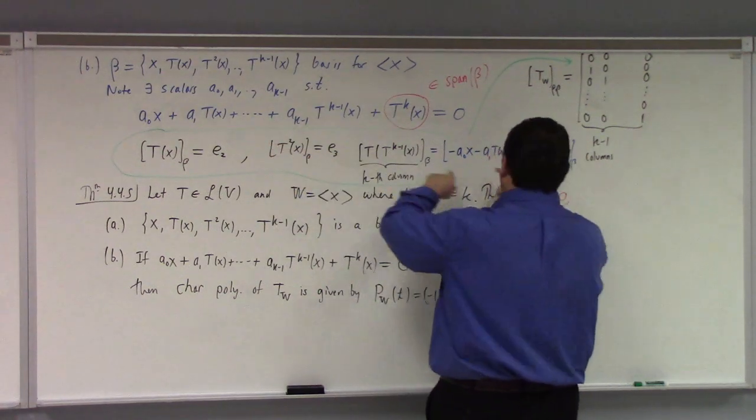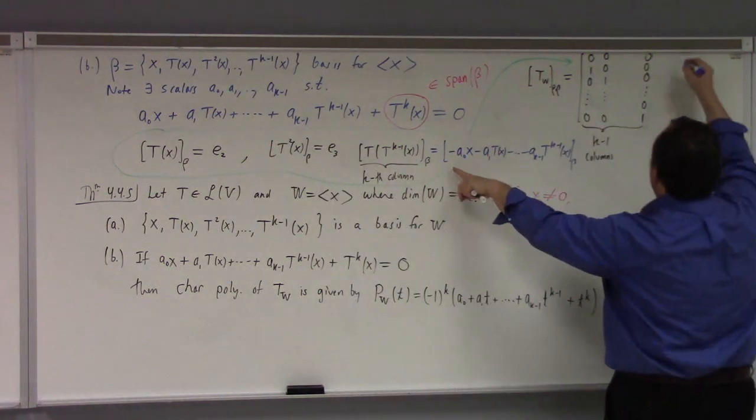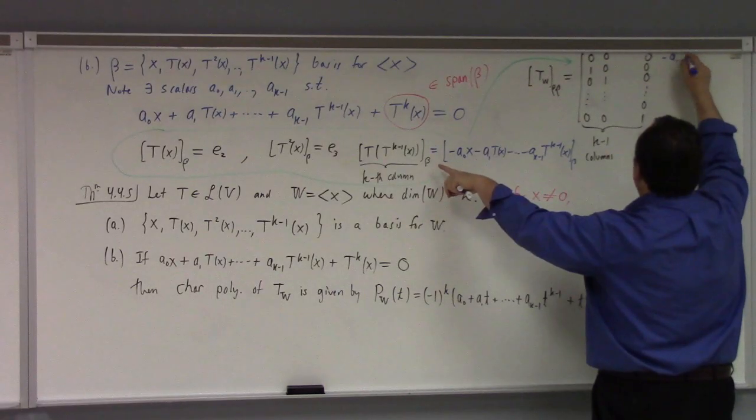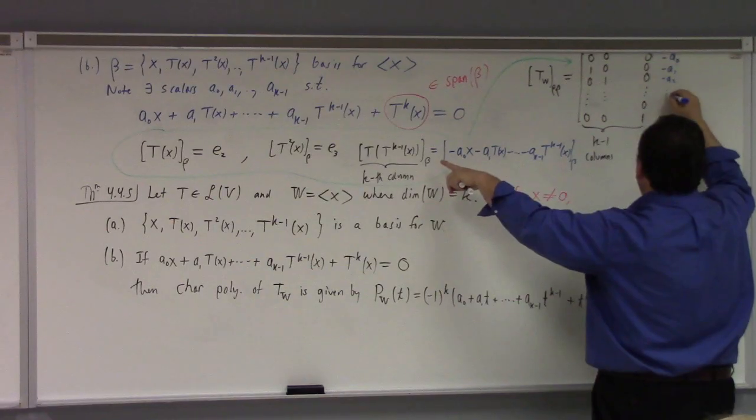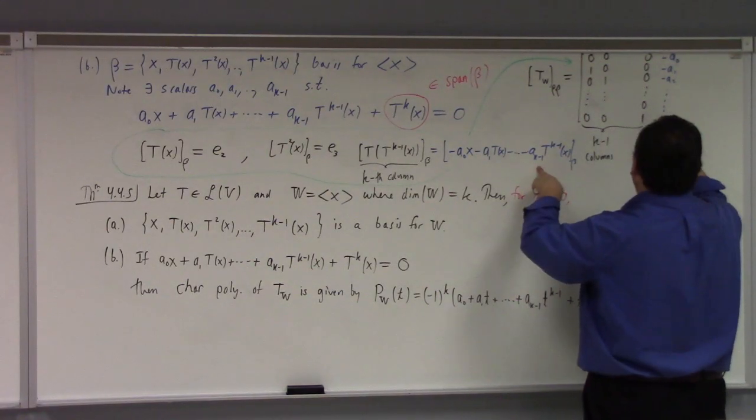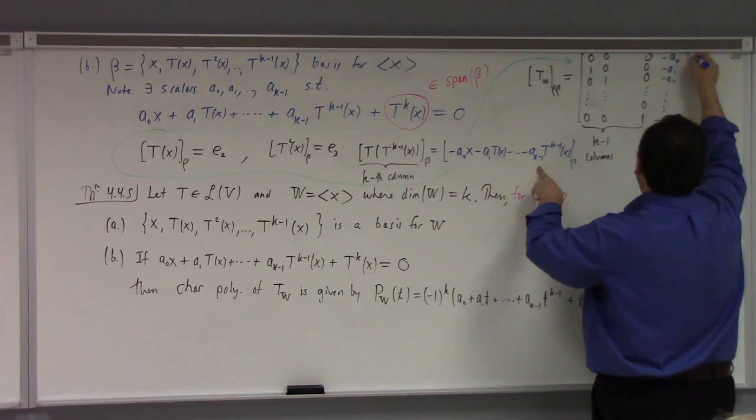The coordinates of that are literally minus a0 up here, minus a1, minus a2, and down the line, finally, minus a_(k-1).